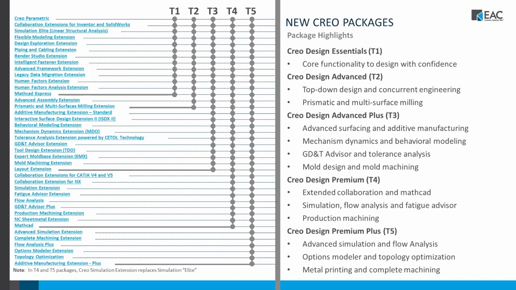Tier 4 goes to adding to this some capabilities for outputting third-party package software files, also some more advanced type of simulation and some production machining. And finally, Tier 5 has some additional simulation capabilities, some options modeler, and some different 3D printing. So let's kind of go into each one of these individually a little bit.